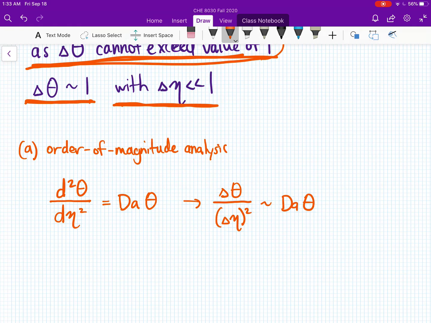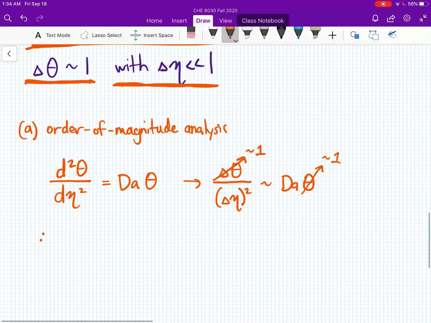Hopefully we all agree that that term of delta theta is on the order of 1. Theta itself is on the order of 1.